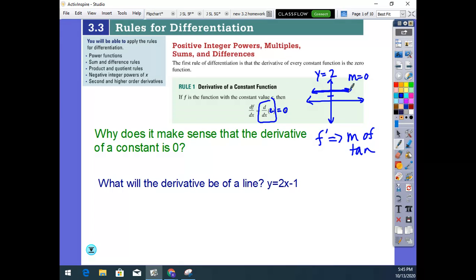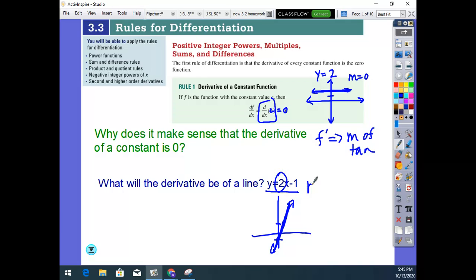Okay, so let's think about it. The equation of a constant is just a flat horizontal line. What does the graph of this line look like? We start at -1, up 2 over 1. A linear function also has a constant slope, but it is not 0.